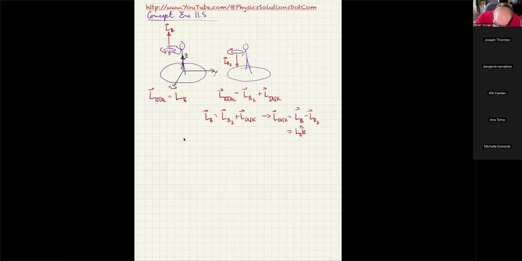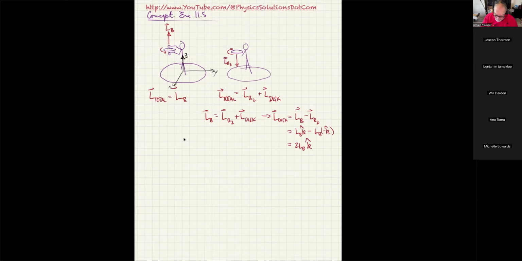Now LB2, since we're assuming he flipped it upside down, and didn't speed it up or slow it down any, the angular momentum is LB as well. That's the magnitude, but this time it's in the negative k hat direction. So you can see that the angular momentum of the disk will be 2LB k hat.